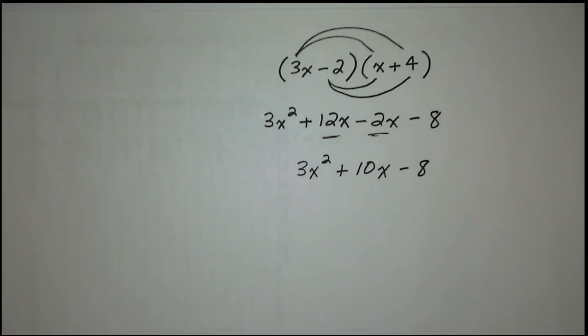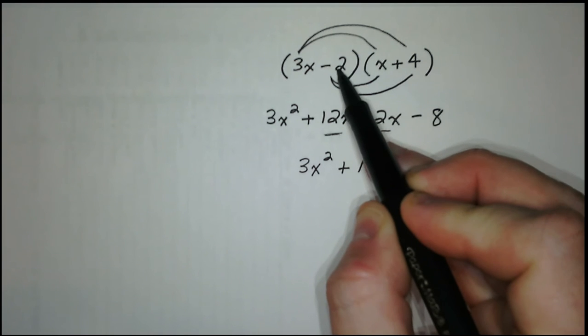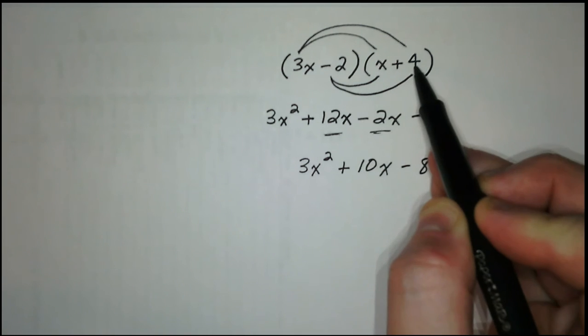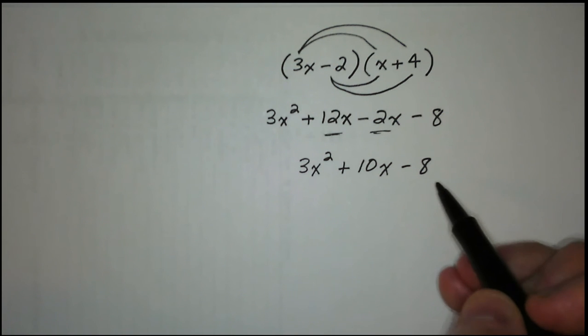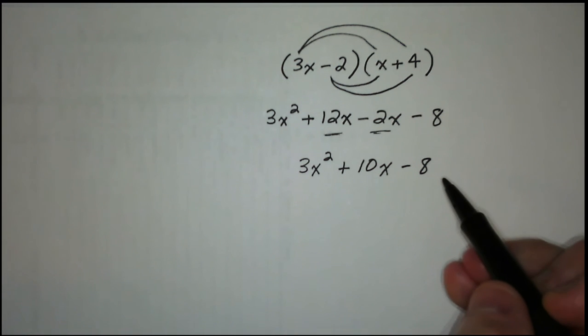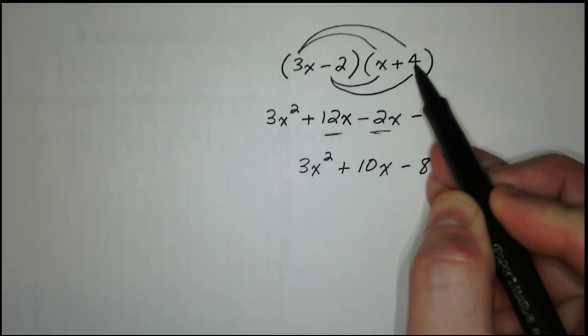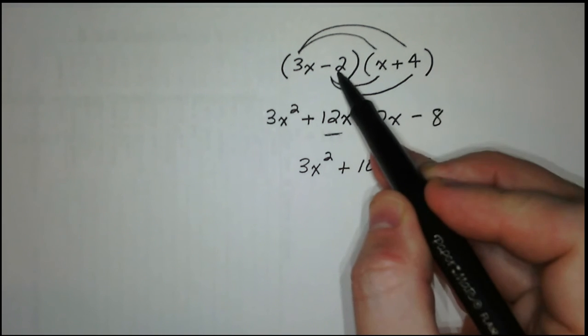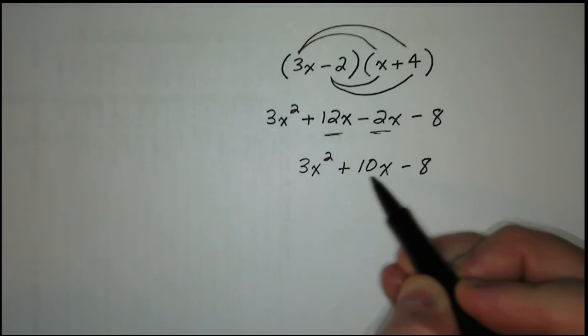Now, why did I do this? Because I want to show you that the negative 2 times the positive 4 does in fact get you a negative 8 here. But unlike what's been happening in the last couple of videos, negative 2 plus 4 is not positive 10.